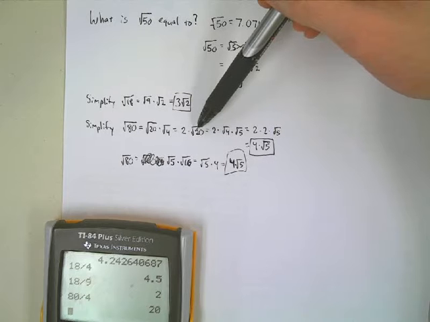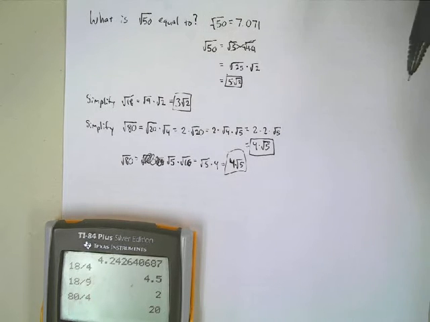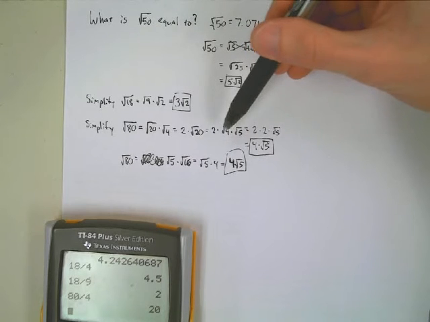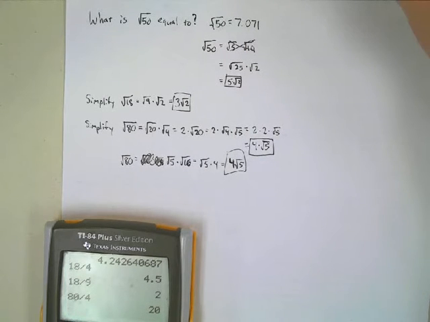And then you did 2 times 4 times 5, for what reason? Because you could have done 2 times 10. You're right, but why didn't I do 2 times 10? I don't know. I mean 4 and 5, other than 4 isn't a perfect square. 4 is a perfect square. It's on our list.